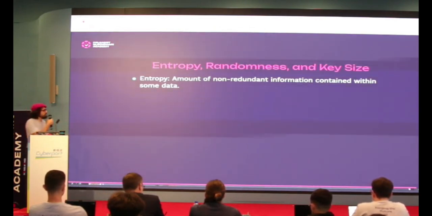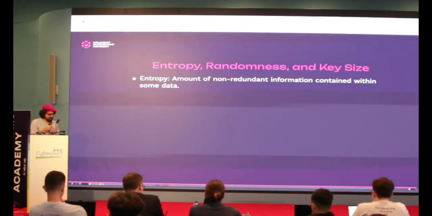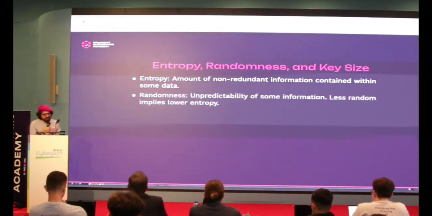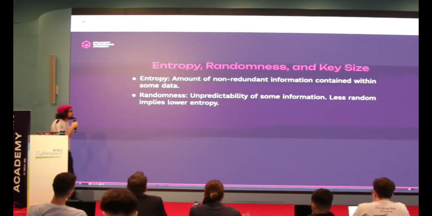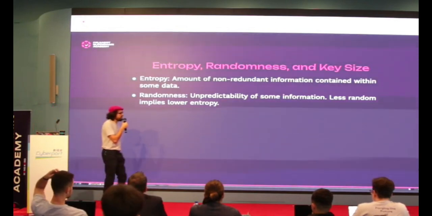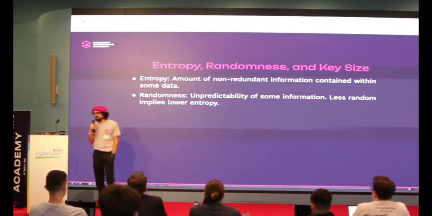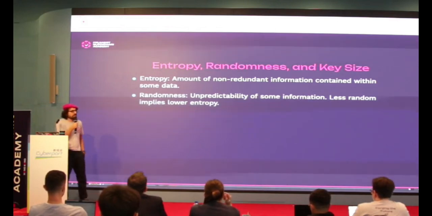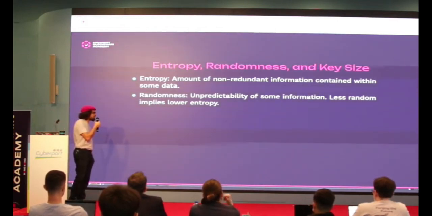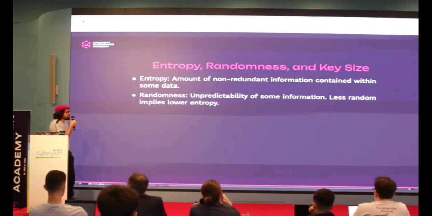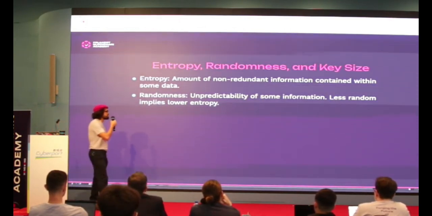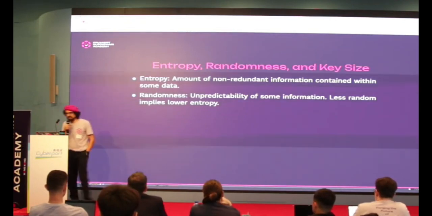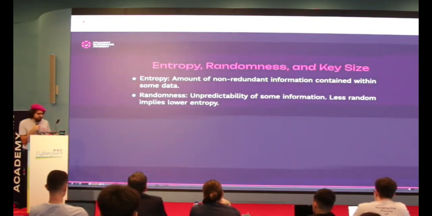So entropy is about non-redundant information in a set of data. Randomness is about knowing the data already, how much I can predict what the next bit is. So it's about unpredictability of data, and it's very directly related to entropy. When you have less entropy, you get less randomness from that data.